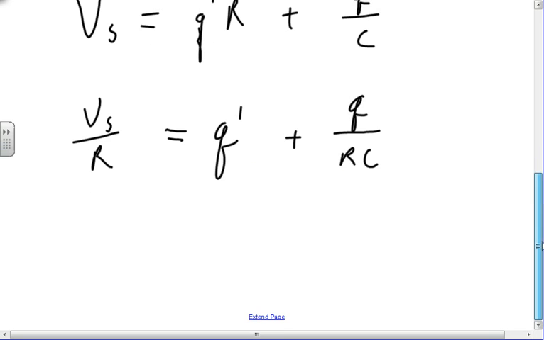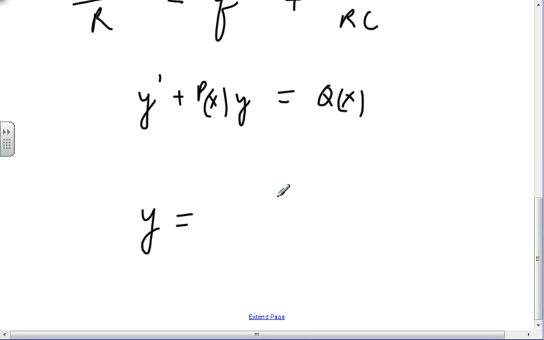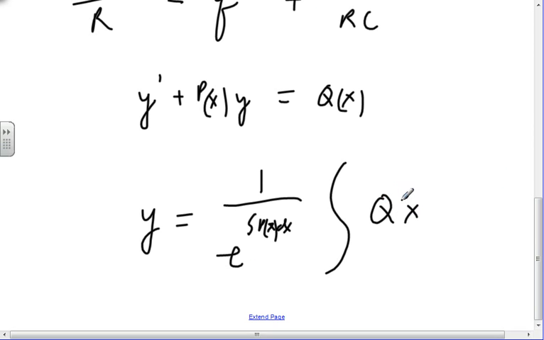Now, we have a formula that says that if I can get my differential equation in the form y prime plus p(x) y is equal to q(x), where q(x) and p(x) are functions in x only, then y is going to be 1 over e to the integral p(x) dx, times the integral of q(x) e to the integral p(x) dx.